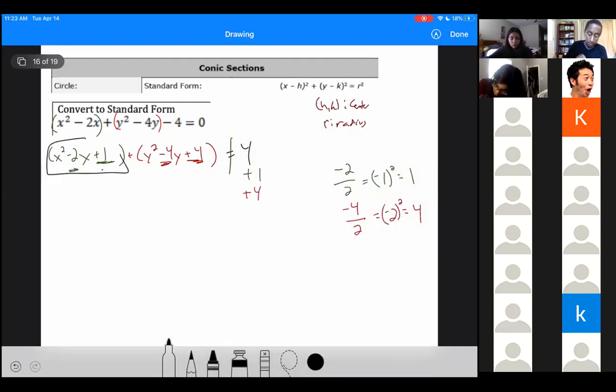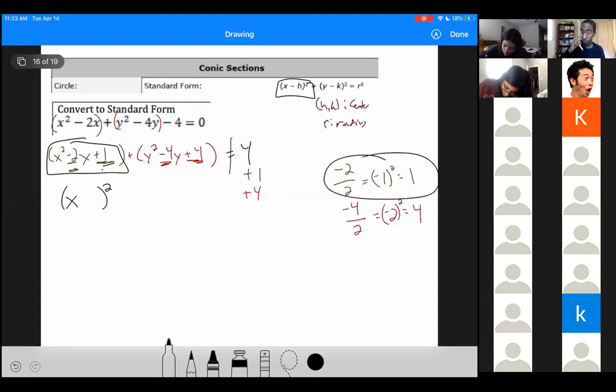So now this can be factored to that perfect square, that first perfect square. And what would that factor to? You can think about it as what two numbers multiply to 1 and add up to -2, or you can look back over here, right? So what would that factor to? Yeah, x minus 1 squared.